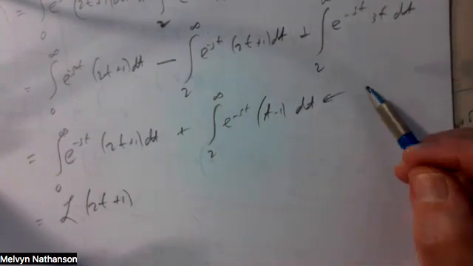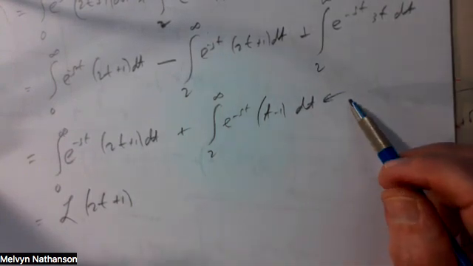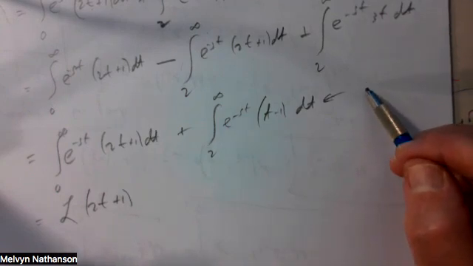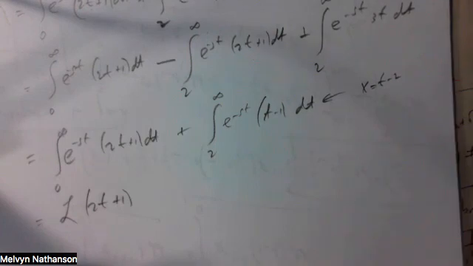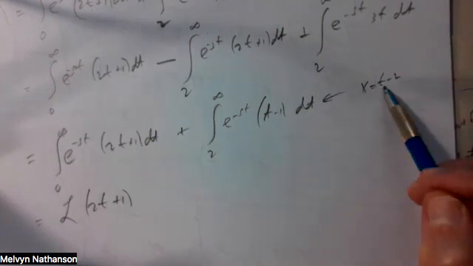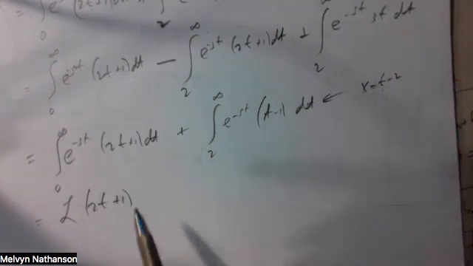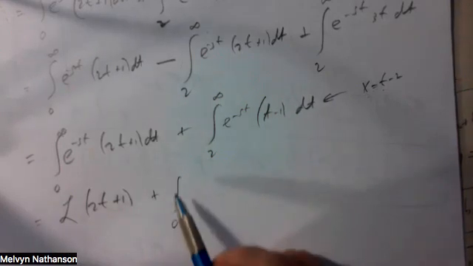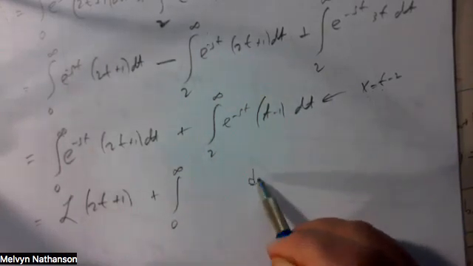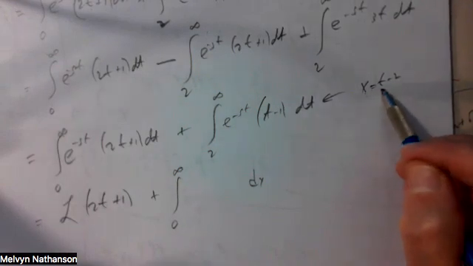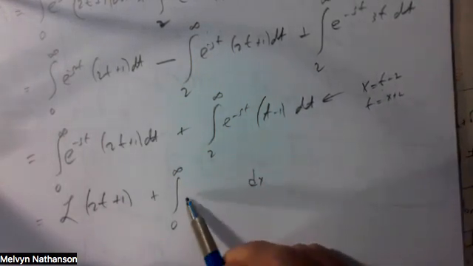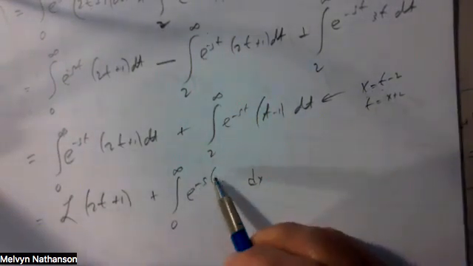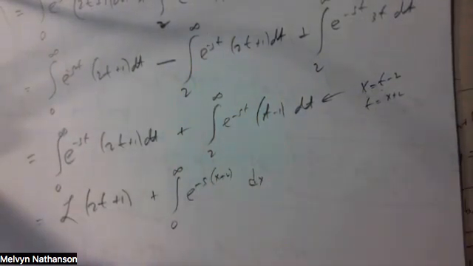And in this integral, if I just change the variables, if I let x equal t minus 2, then as t goes from 2 to infinity, x goes from 0 to infinity. So I get an integral from 0 to infinity with respect to x. If x is t minus 2, t is x plus 2. So this is e to the minus s, x plus 2.